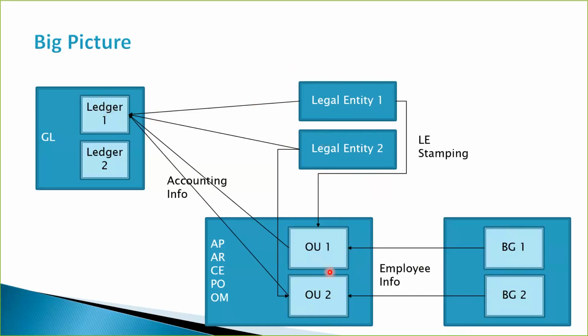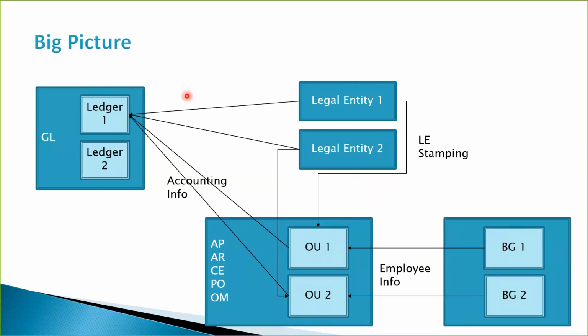The association between operating units and the ledger is that the operating units, which are basically the places where sub-ledger modules are used, send accounting information to the general ledger, right? We know that accounting information is usually transferred to GL from the sub-ledger modules, or basically from the operating units.